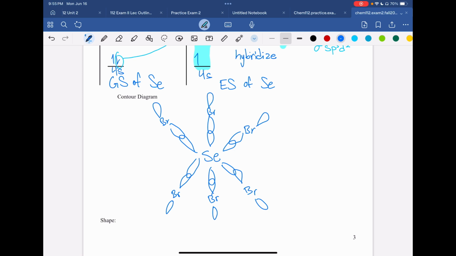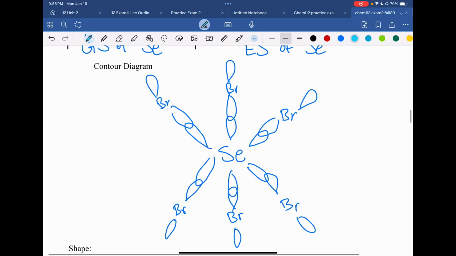Okay, so here's where your electrons live, in these little spaces that connect them. They are your sigma sp3d2, and you must have to do it for all of them. So tedious, but it is necessary.